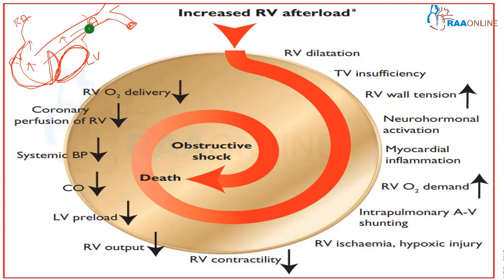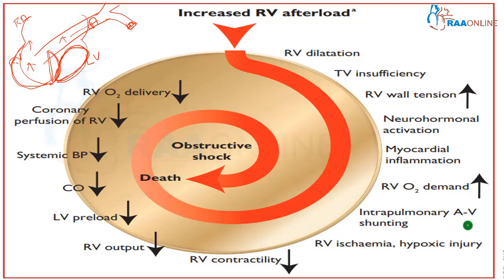So the RV dilatation happens, causing tricuspid valve insufficiency, right ventricle wall tension increases, neurohumoral activation happens, so myocardial inflammation occurs, so RV oxygen demand increases, intrapulmonary AV shunting can happen.